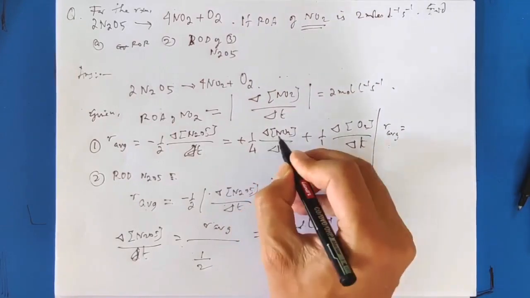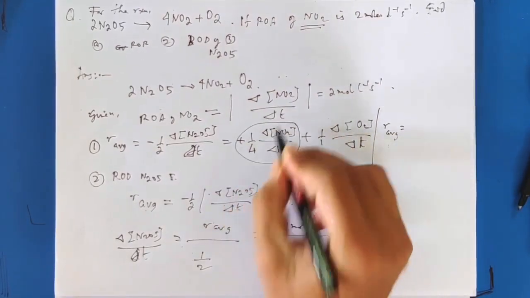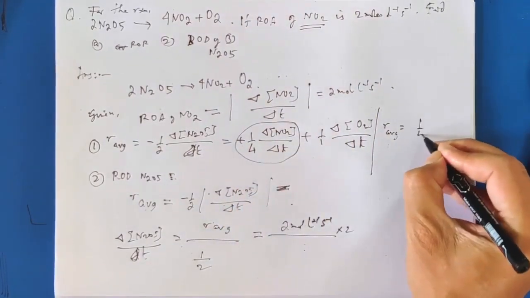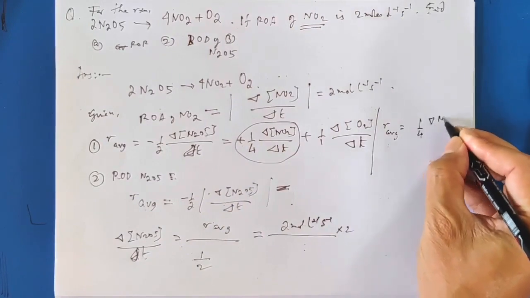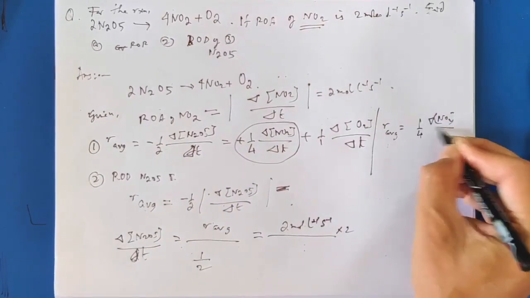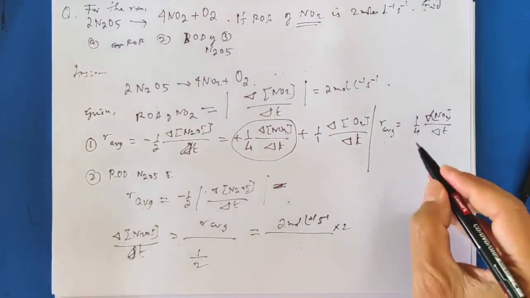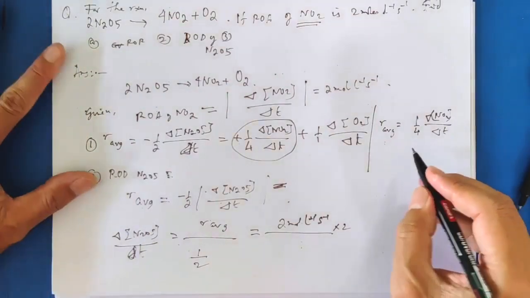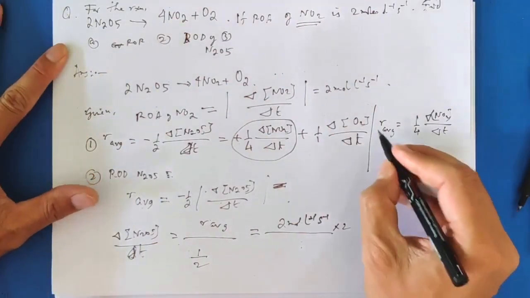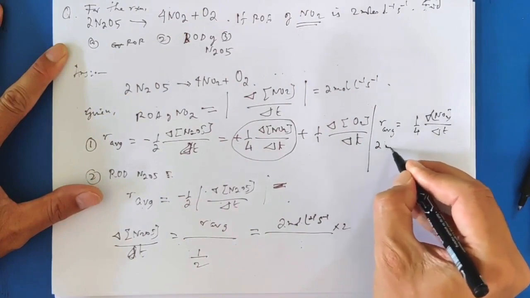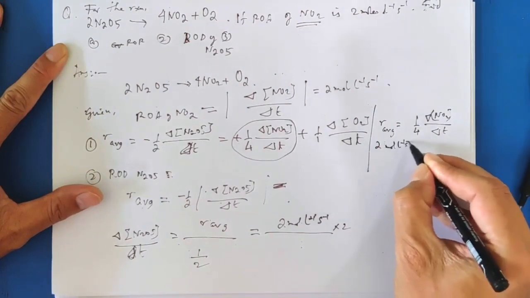NO2 here, over here. So 1 by 4 del NO2 concentration del T, which is 2 mole liter inverse second inverse.